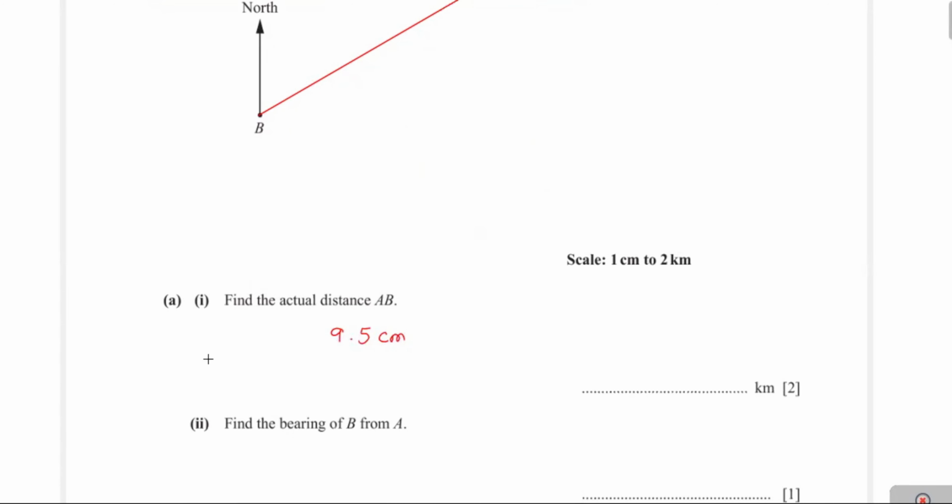Now you see here 1 centimeter equals 2 kilometers. Therefore, 9.5 centimeters will be equal to 2 times 9.5 kilometers, and this value will be the actual distance. Now this value is equal to 19 kilometers, and this is the answer.